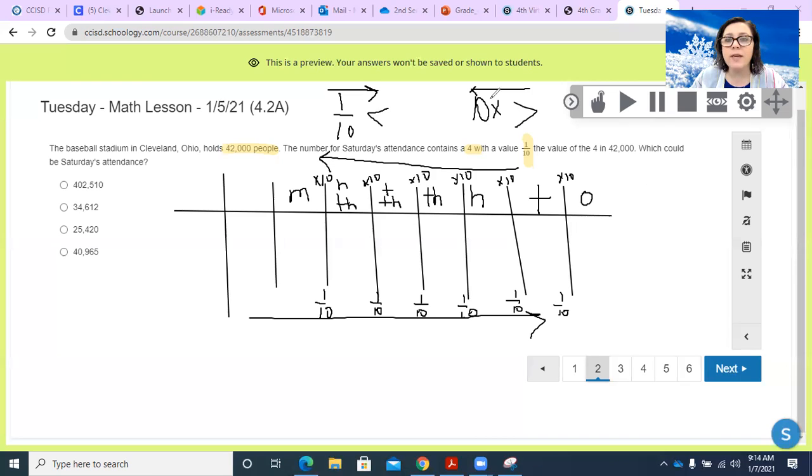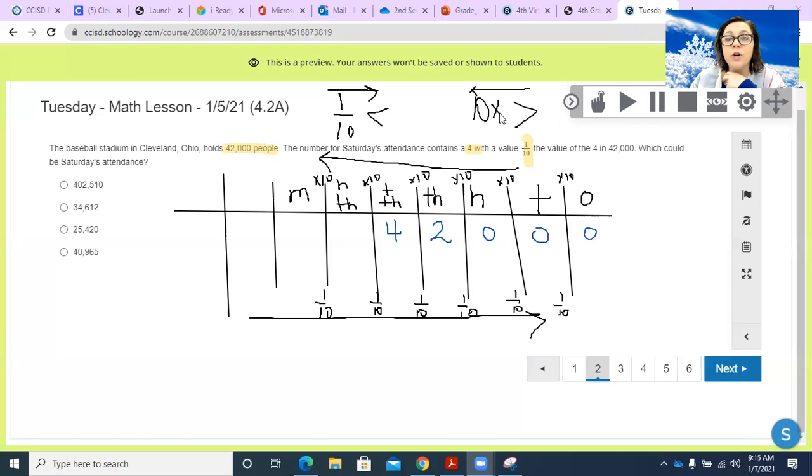So if we take the number 42,000, we have a 4 in the 10,000s place, a 2 in the thousands place, a 0 in the hundreds, a 0 in the tens, a 0 in the ones. It's saying that Saturday's attendance contained a 4 with 1/10 the value.